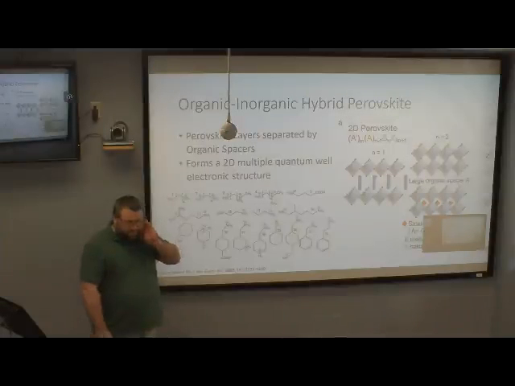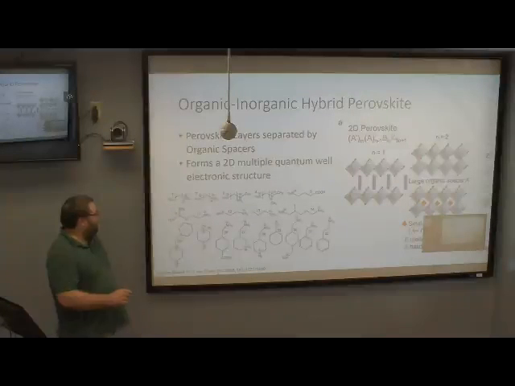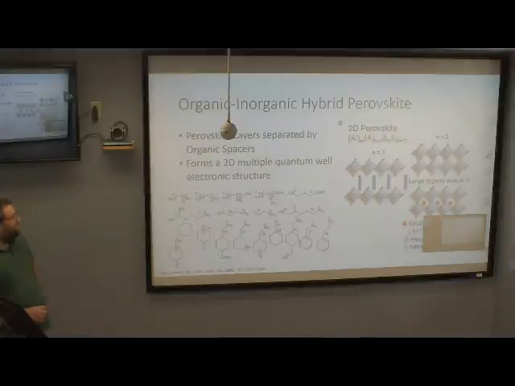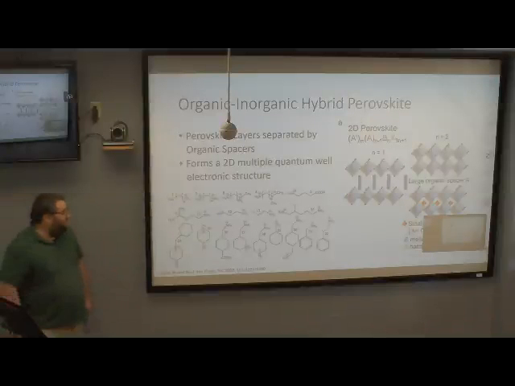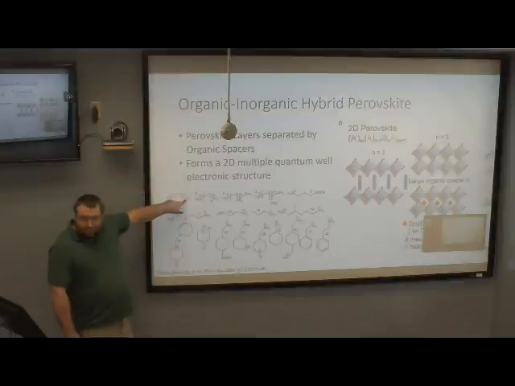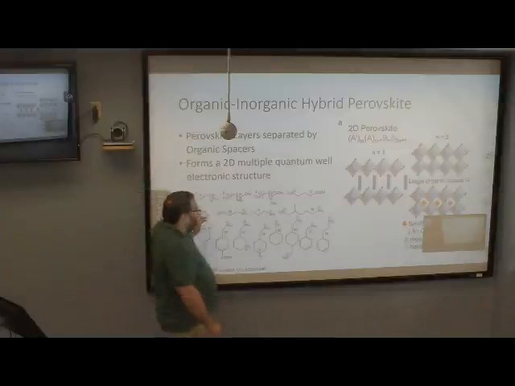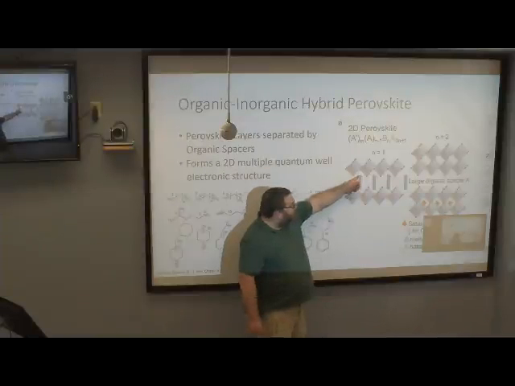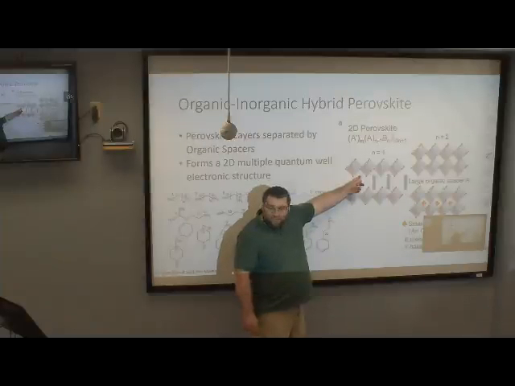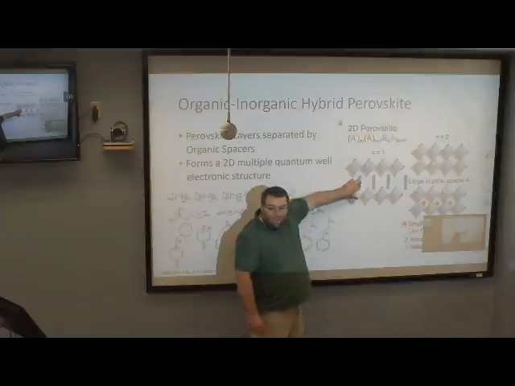But if you speak as a synthetic chemist, you show a table, and the majority of your audience will be chemists. So if you look, number 1 and number 2 ligands, what is their difference? The difference is one is a diammonium, one is just a regular ammonium ligand. In the case of number 1, the ammonium is what binds to the perovskite layer, and you end up with a tail coming off to the middle.